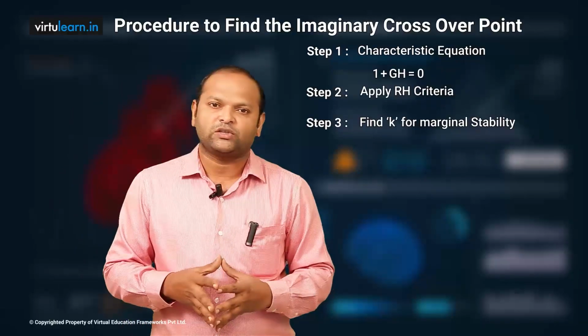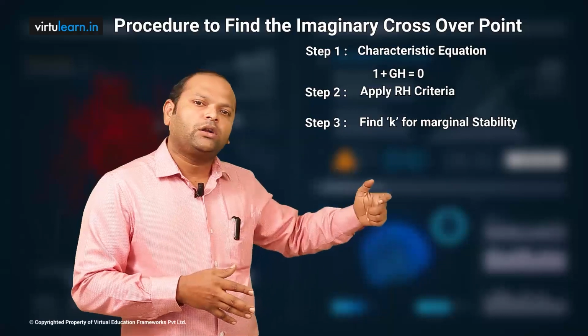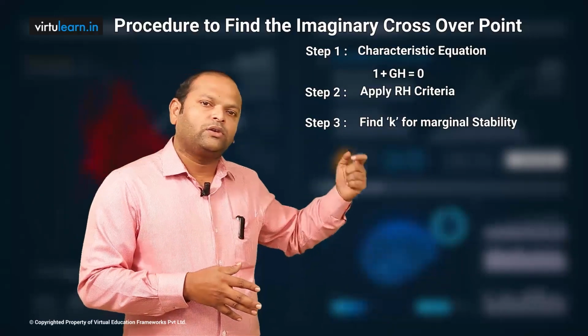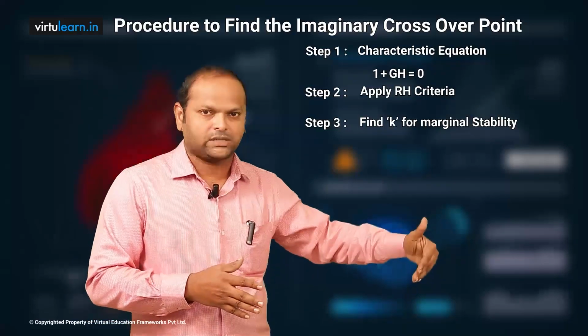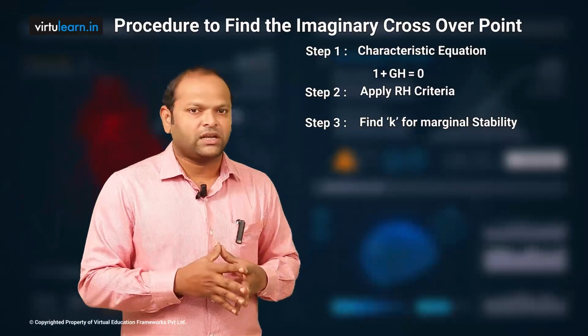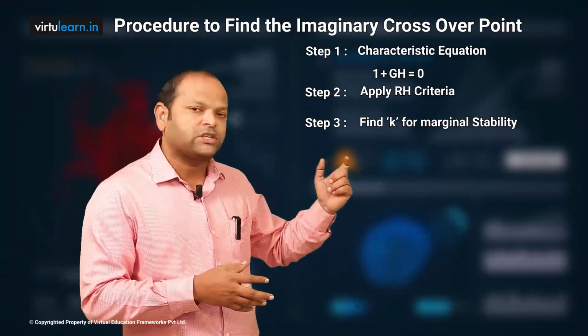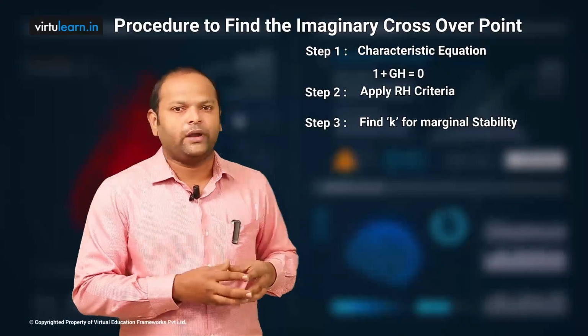Then how to find the imaginary crossover point? Before that, if this particular K value is not real, so not positive, that means if the K is negative or complex, then there won't be any imaginary crossover point. So this K value must be positive and real, then only you will get the imaginary crossover point.